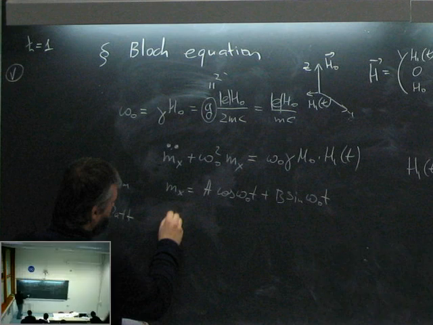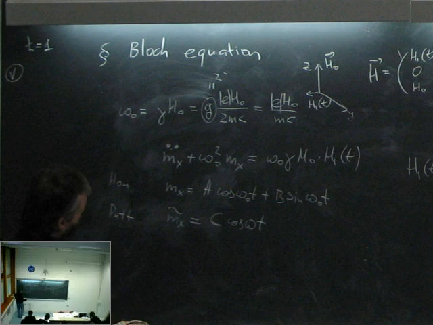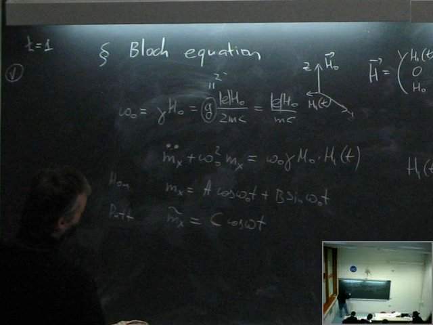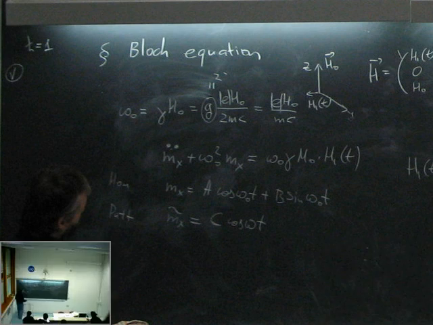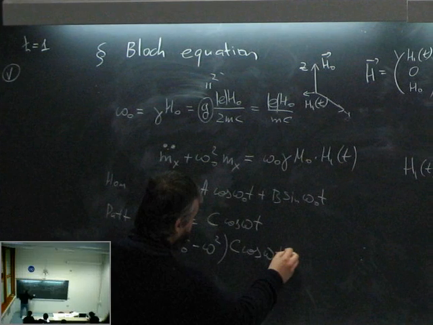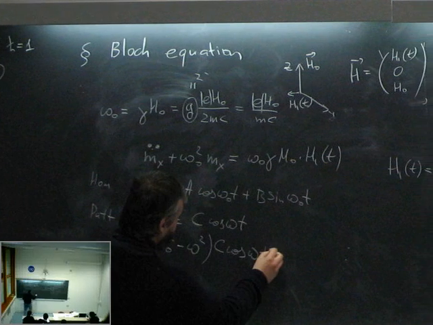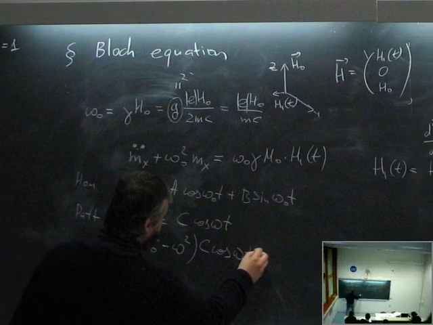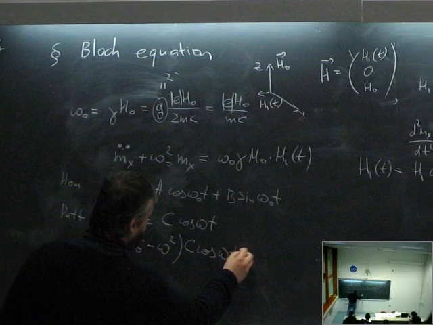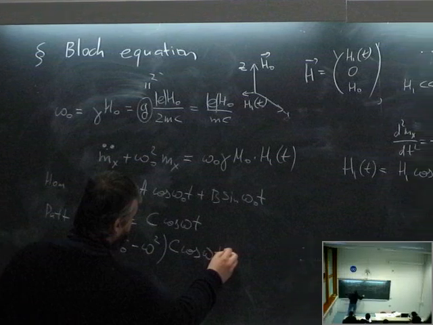So if I plug it in here, what I will have is omega naught squared minus omega squared times c cosine omega t is equal to omega naught gamma m naught h1 cosine omega t.